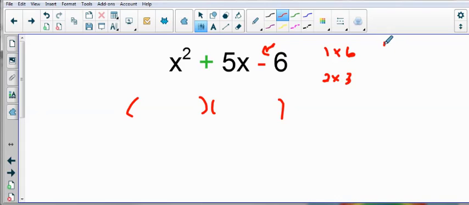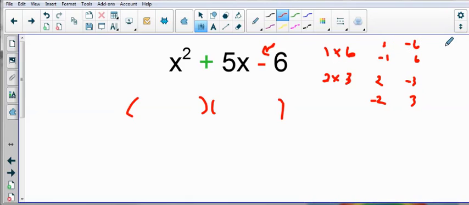So it's either plus 1 times negative 6, or negative 1 times positive 6, or positive 2 times negative 3, or negative 2 times positive 3. I don't know which. I know that I have to take a positive times a negative in order to get a negative. But the trick is, which one of these can I combine to make positive 5?